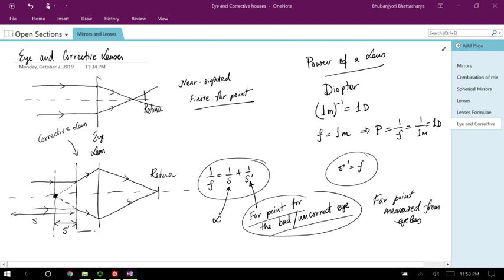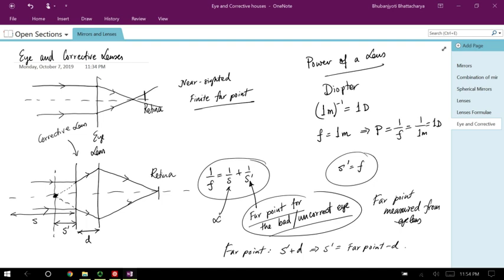And there might be some distance between the eye lens and the corrective lens. Let's call that D. So really the far point, instead of being S prime, is S prime plus D. Okay, so the far point is S prime plus D, which means S prime is equal to far point minus D, kind of the idea.